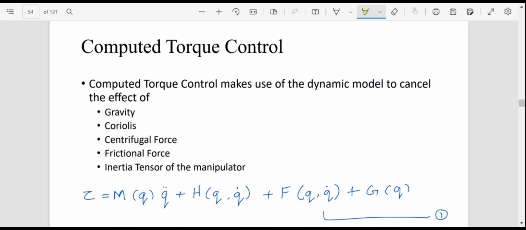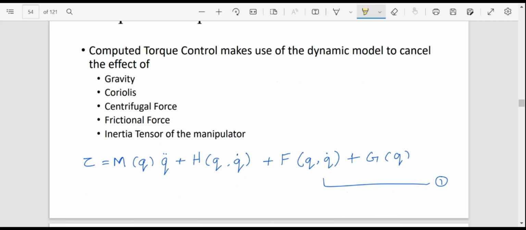So this computed torque control makes use of the dynamic model to cancel the effect of gravity, Coriolis, centrifugal force, frictional force, and the inertia tensor of the manipulator. The controller discussed here employs the computed torque control law to modify the system and effectively decouple and linearize it.